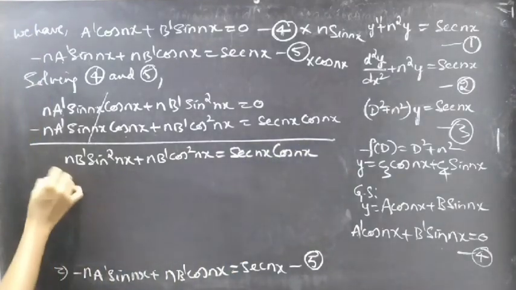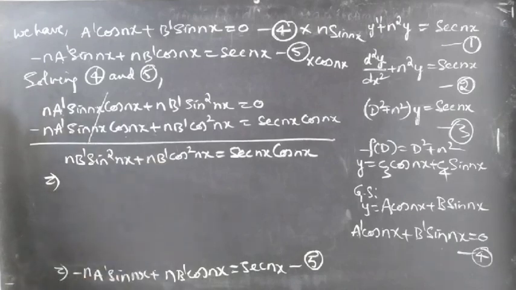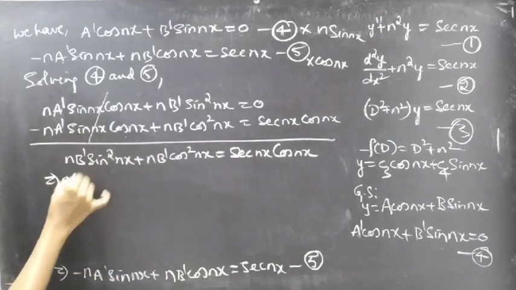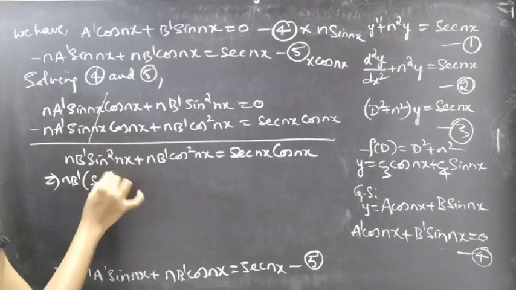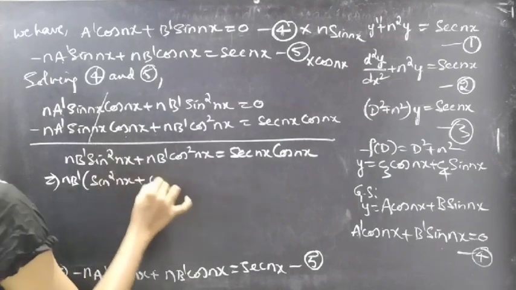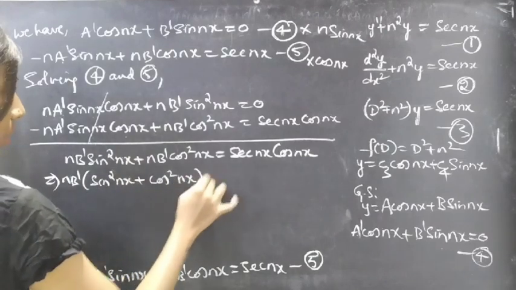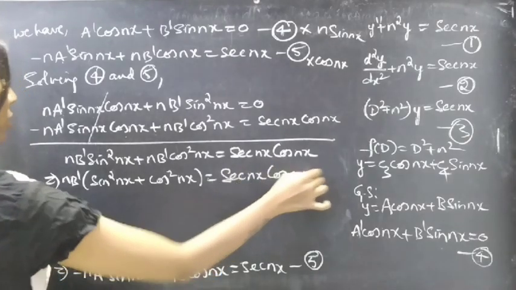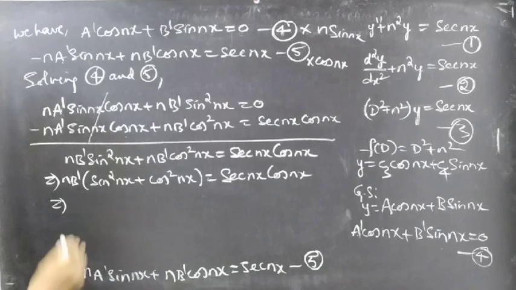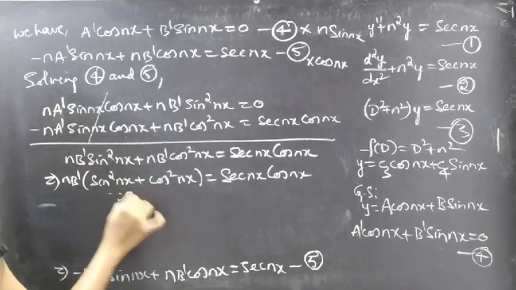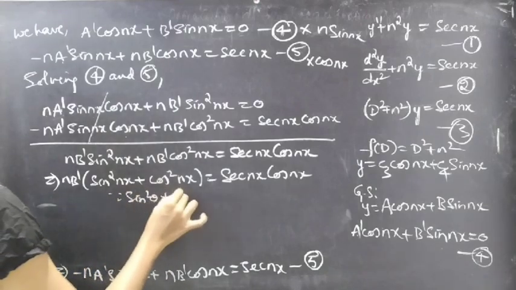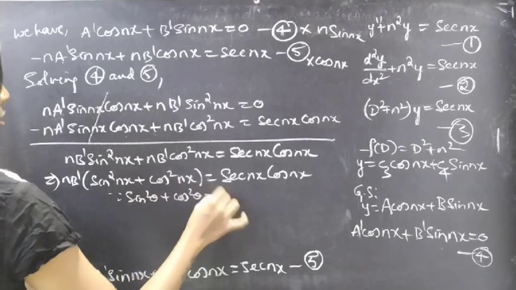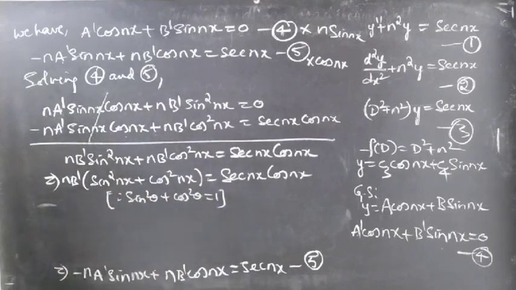Now take n b dash common from the two terms of LHS. We'll get n b dash times sin square nx plus cos square nx equal to secant nx into cos nx. Since we know that sin square theta plus cos square theta equals 1, sin square nx plus cos square nx becomes 1.